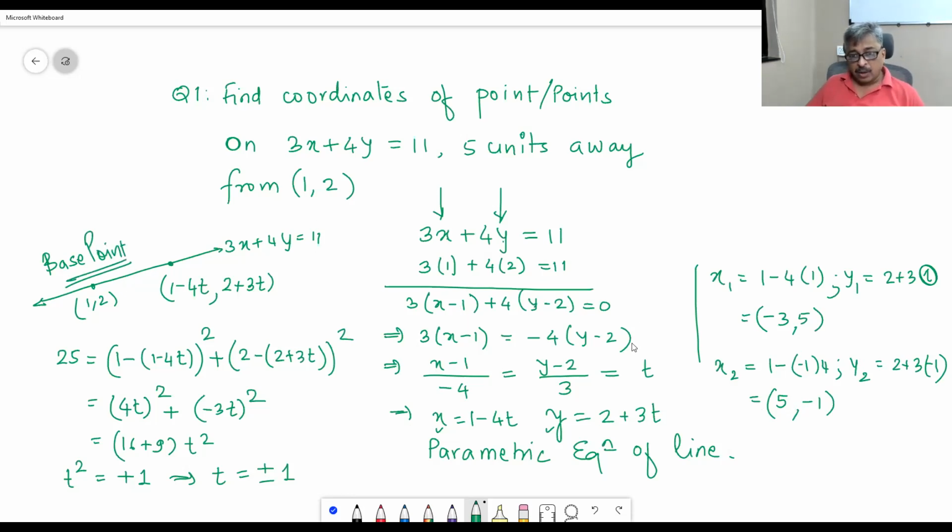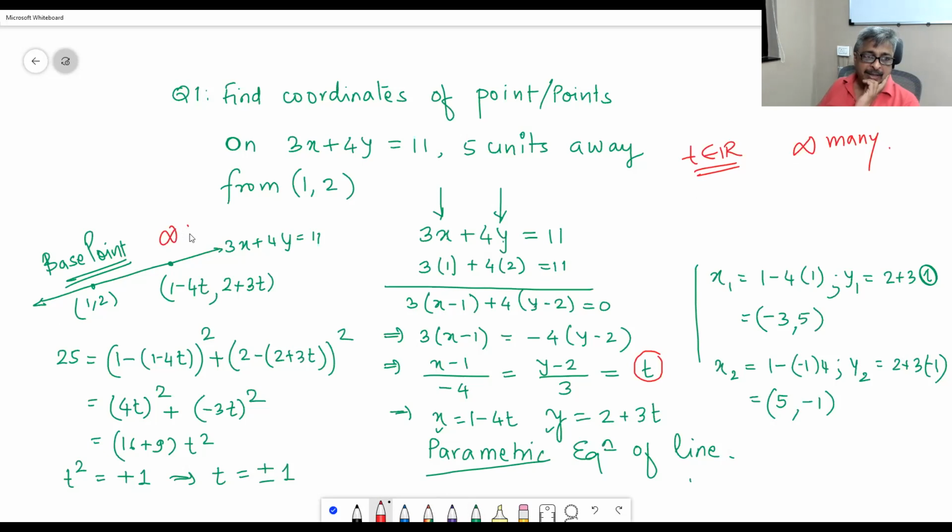And hence, this is why it is called a parametric equation, because we have introduced this parameter t here. What does it do? It takes all real numbers. How many real numbers are there? Infinitely many. So how many points are there on the line? Infinitely many. Every one value of t will have a unique point on the line.